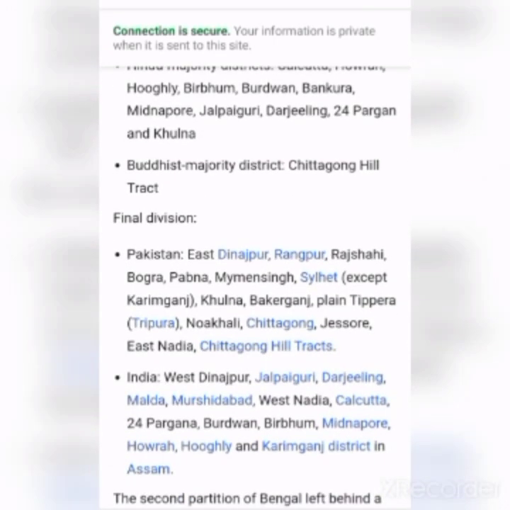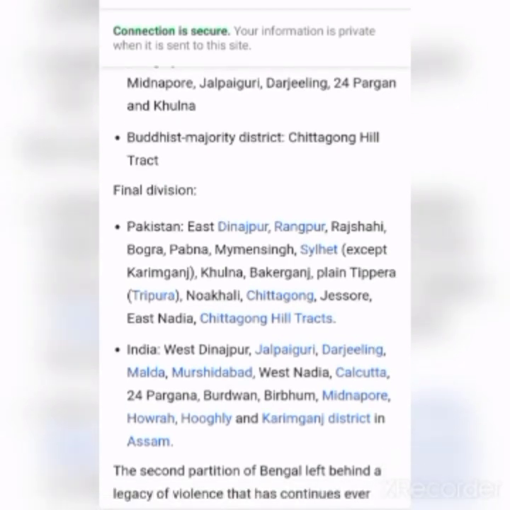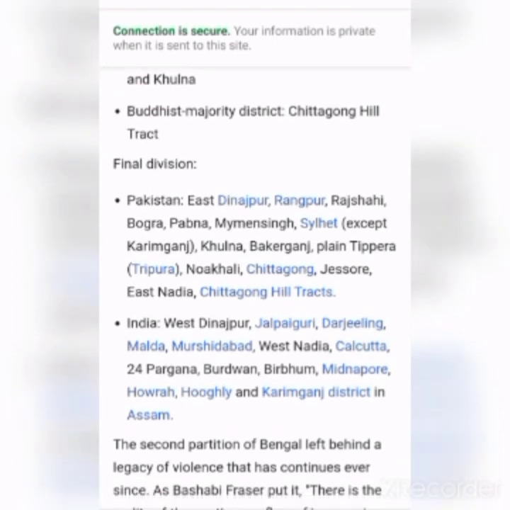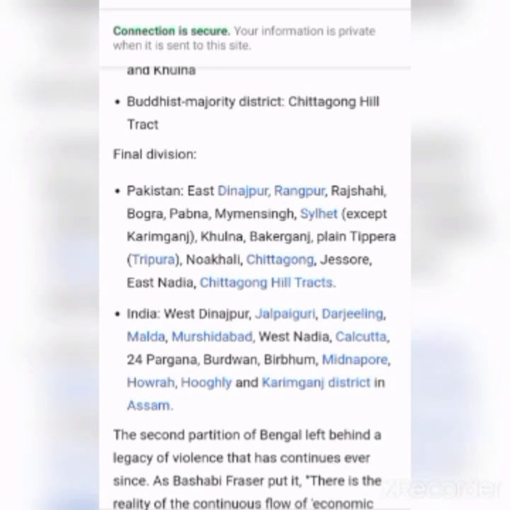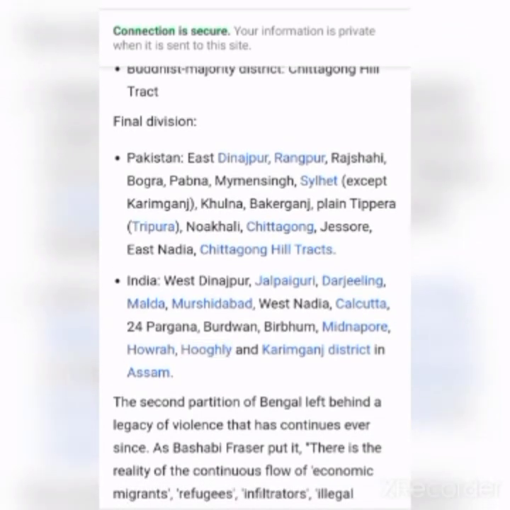Final division. Pakistan: East Dinajpur, Rangpur, Rajshahi, Bogura, Pabna, Mymensingh, Sylhet, Khulna, Bakerganj, Tippera, Noakhali, Chittagong, Jessore, and Chittagong Hill Tracts.